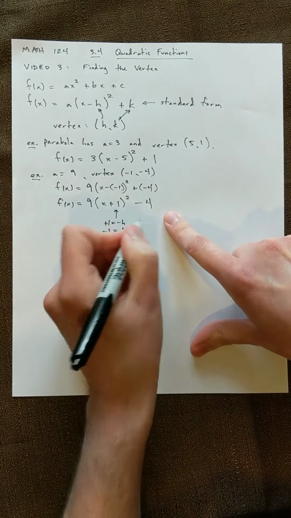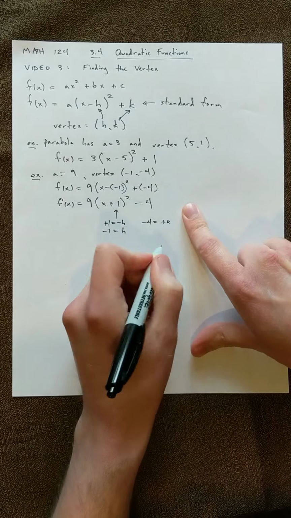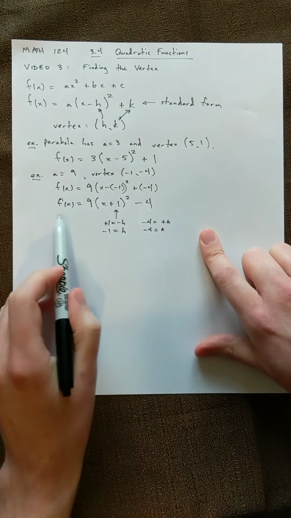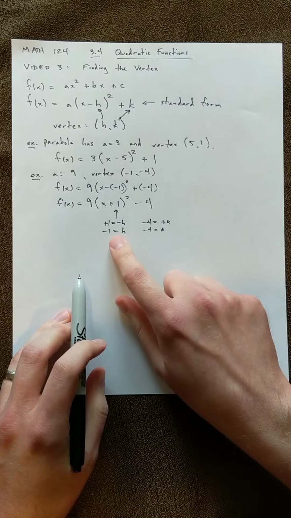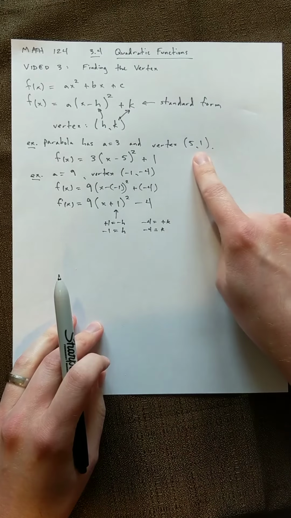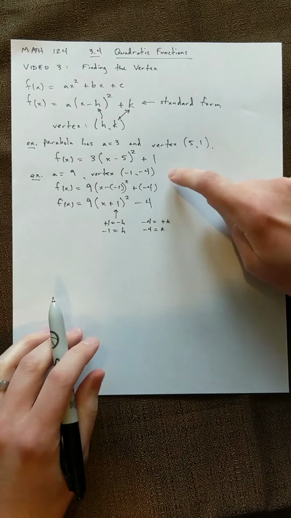And same thing over here, -4 is playing the same role as positive k, and so k is going to be -4. We'd find h is -1, k is -4, and that's the vertex for this particular example.